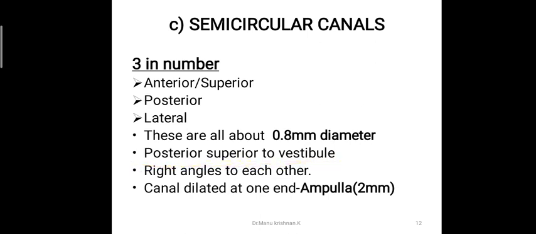And a peculiar feature is there: all these canals are lying at right angles to each other. That is an important point to remember. That particular arrangement is there because of their functional mechanism. They are lying at right angles to each other, and the canal is dilated at one end to form a dilation called the ampulla, which is 2 millimeter in diameter.